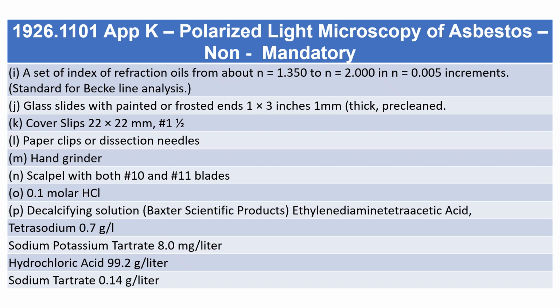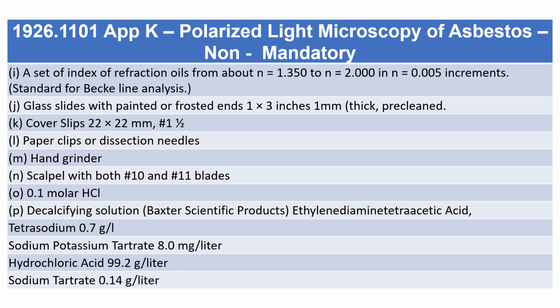J. Glass slides with painted or frosted ends, 1 by 3 inches, 1 mm thick, pre-cleaned. K. Cover slips, 22 by 22 mm, number 1 1/2. L. Paper clips or dissection needles. M. Hand grinder. N. Scalpel with both number 10 and number 11 blades. O. 0.1 molar HCl.